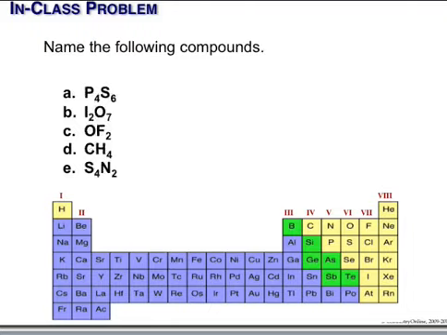Let's do it backwards. You remember tetra is 4, right? What's 6? Hex. Therefore, we have 4 P's. Is that potassium? Of course not. Phosphorus. So it's going to be a tetraphosphorus hexasulfide.